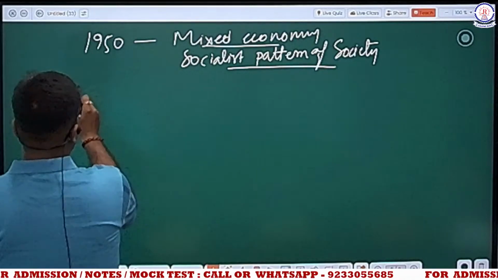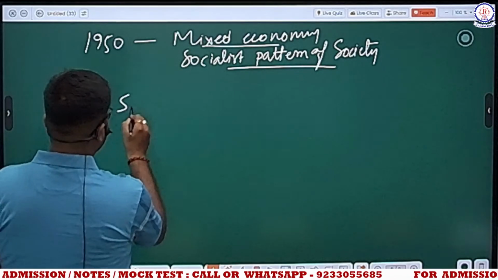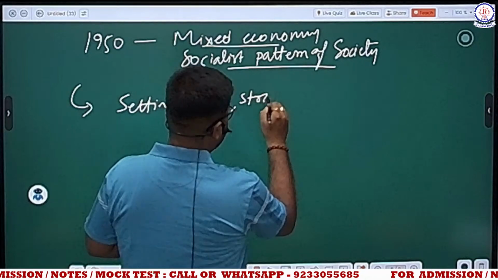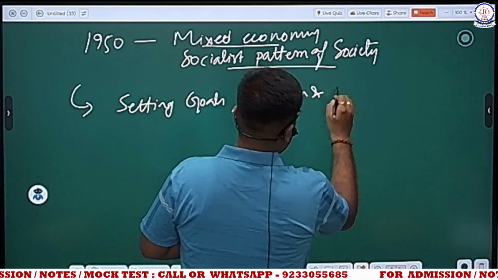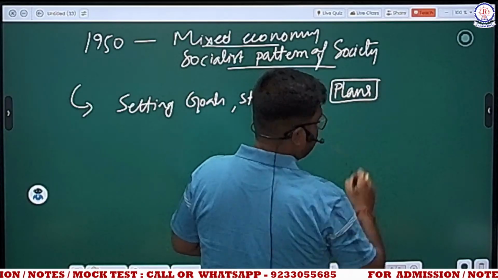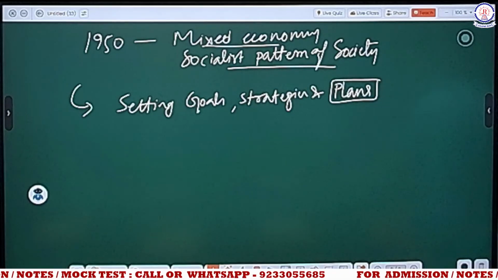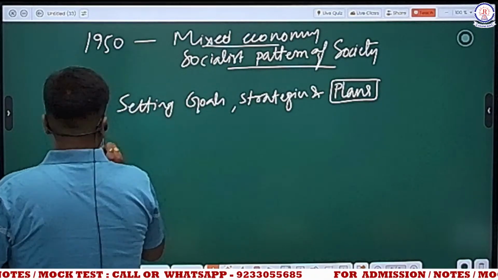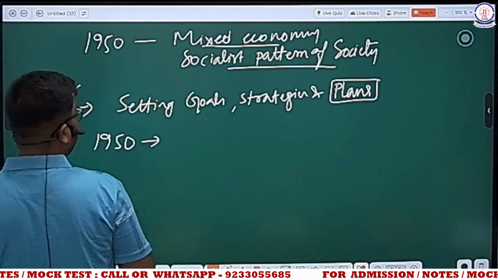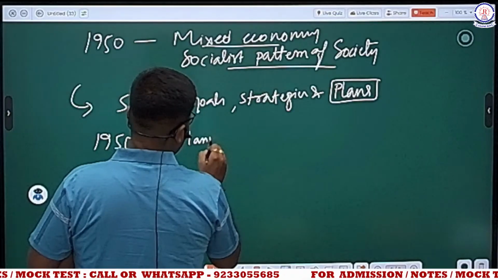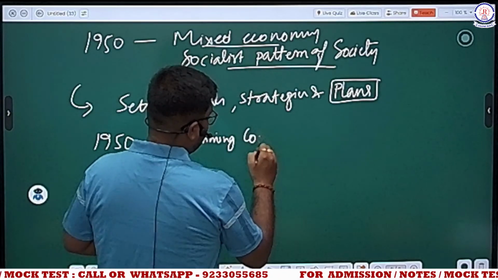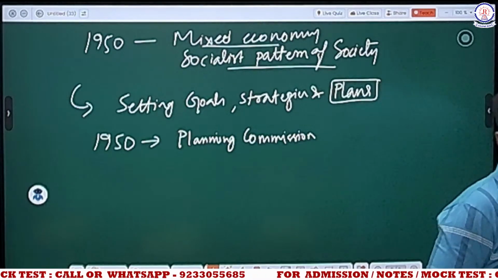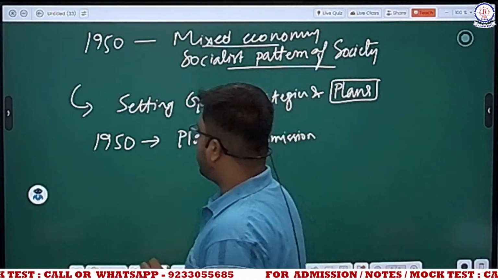No, go to the basics first. The main thing was setting goals, strategies, and plans. So here comes the formation of the Planning Commission. If you have read the books, in 1950 the Planning Commission of India was set up, and India followed a 5-year plan.